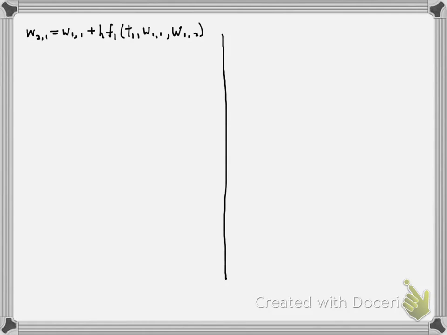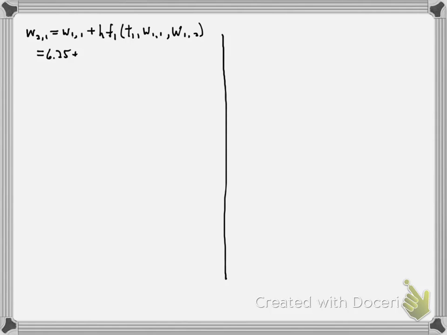Okay, so now for the second step, we want to compute w21 and w22. And so w21 is given by this formula. It's w11 plus h times f1 evaluated at t1, w11, w12. So this equals w11, we just computed, was 6.25.